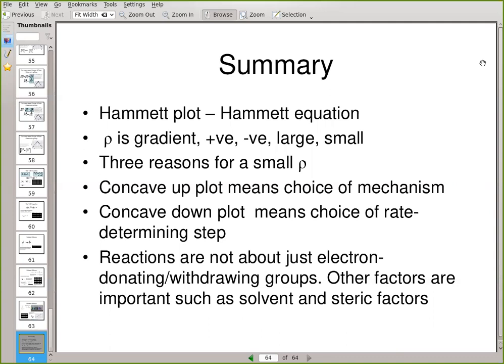And of course, a concave down plot means that there's a change in rate determining step as you move from electron donating groups to electron withdrawing groups. And finally, reactions are not just about electron donating or electron withdrawing. Other factors are important in reactions. We mustn't lose sight of them, such as solvent or steric factors.